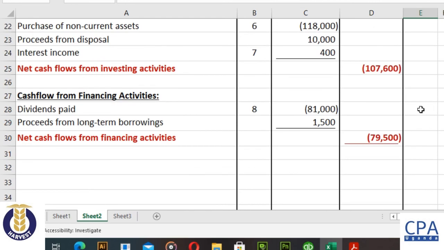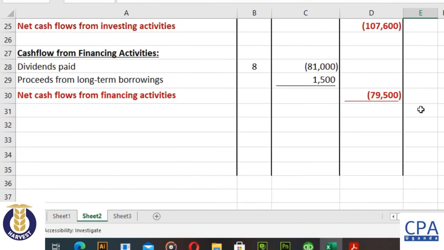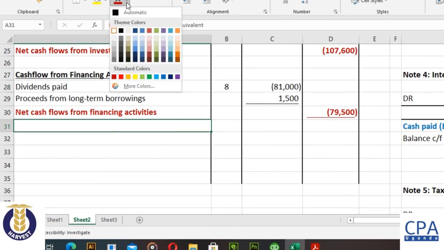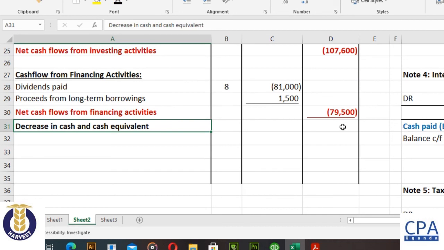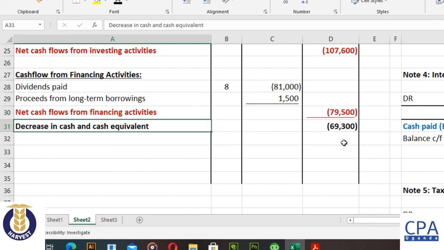So at the end of the day, I will add the totals for the net cash flows from the three parts of the cash flow statement, and of course I've already determined that total, which is 63 million. It's a negative, so it will be a decrease in cash and cash equivalents. So the implication is that whatever we did in the financial year led to a decrease in our cash levels.